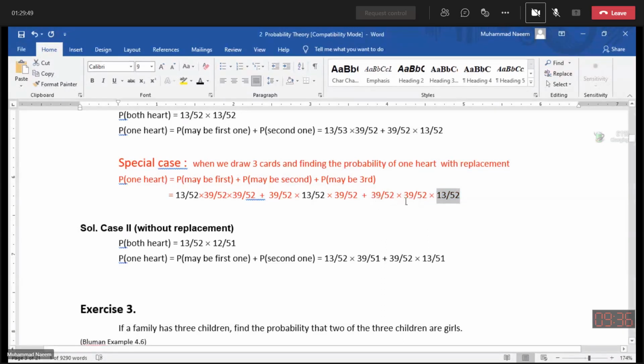So the probability for the first and second is 39 by 52 each, because we replace the card we draw every time before the next draw.